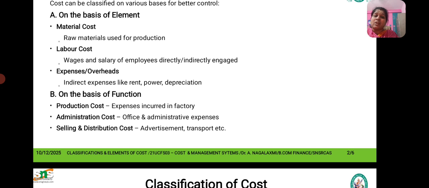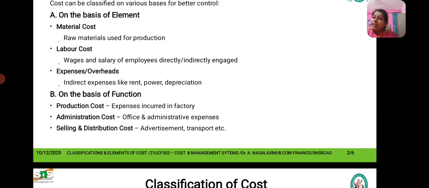Now we are going to see administration cost. The administration cost means the expenses incurred in the office, that is office and administration expenses. Likewise, the third cost involved is selling and distribution. So all the productions are over. Now it is the time to take the finished goods out for sale. At that time, what are the expenses incurred? Advertising, transportation, that is, the finished goods have to be taken from the place of production to the place of sale.